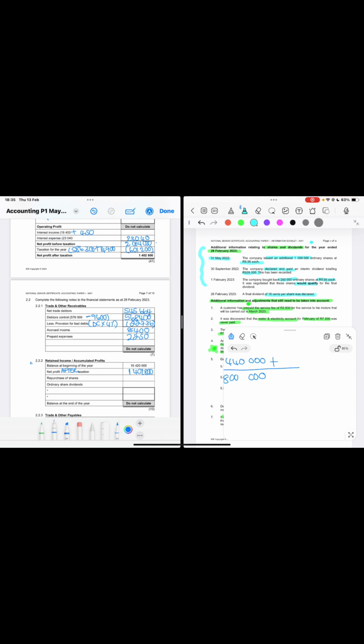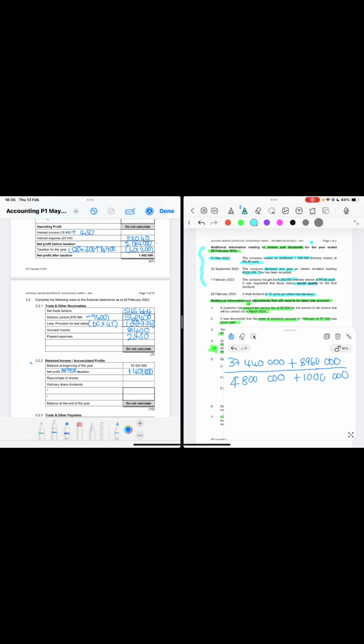So that's 1 million shares at 8 rand 96, which will give us 8,960,000, and that is for 1 million shares. There were no other changes to our shares before the repurchase, so now we can calculate our average price.